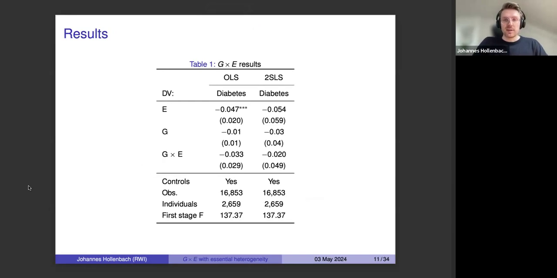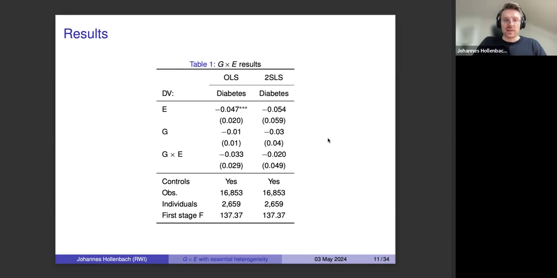What you can see here is the OLS results of the second stage and the two-stage least squares results of the second stage. And the way you would interpret these is that an additional year of education for those with low polygenic score would lead to a 5.4 percentage point reduction in the probability to have type 2 diabetes. So this is this regression coefficient.